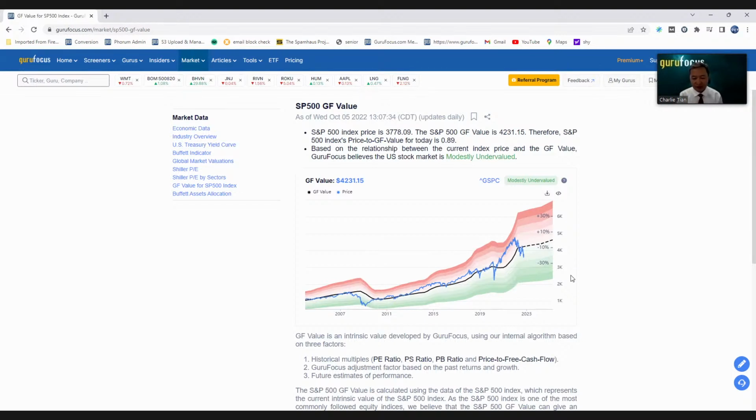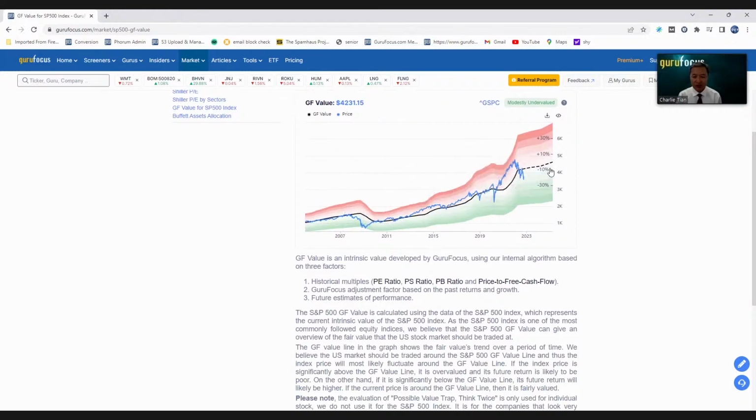This indicator shows that the market is now modestly close to fair valued, modestly undervalued, somewhere there. So the valuation from this one tells us that it's modestly undervalued, but not that undervalued.